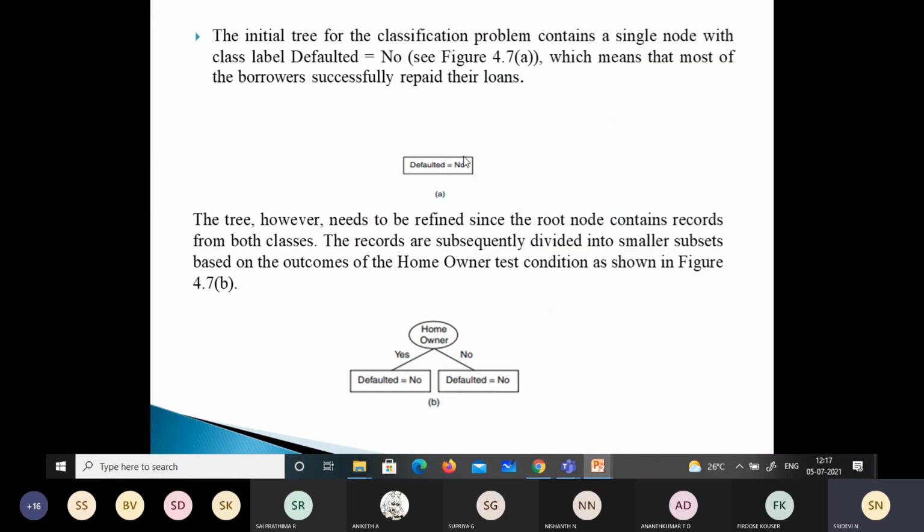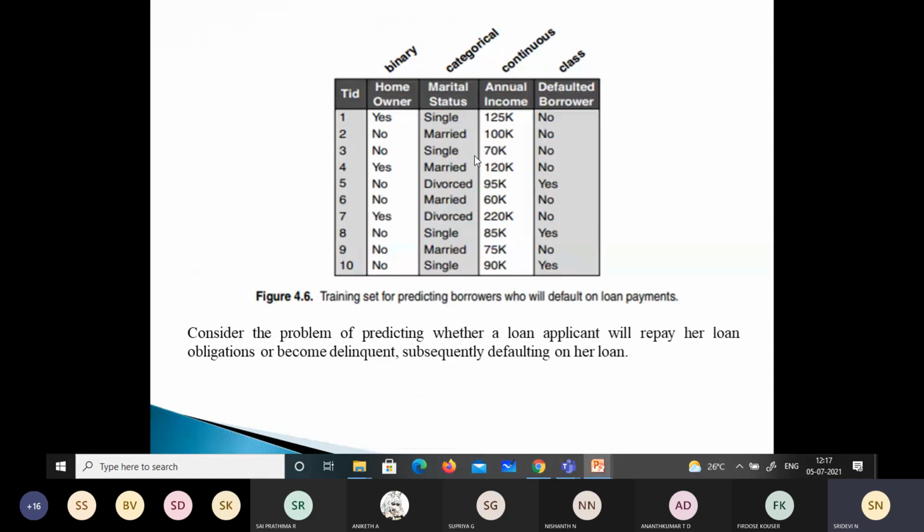This becomes an impure node because we have class label as yes as well as no. So this tree needs to be refined. That is because this root node contains records from both the classes, yes and no.